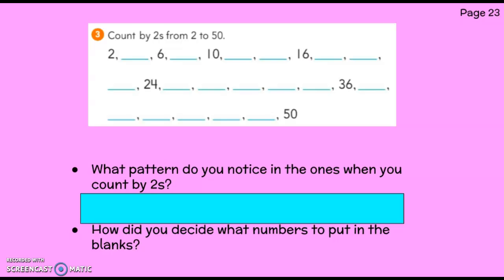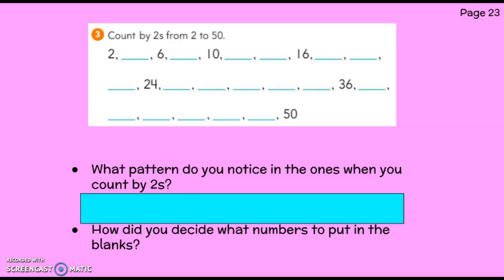Let's think about that. 2, 4, 6, 8, 10, 12, 14, 16, 18, 20, 22, 24, 26, 28, 30, 32, 34, 36, 38, 40. Do you notice the 2, 4, 6, 8 in all of those?